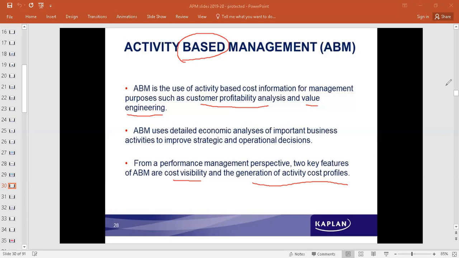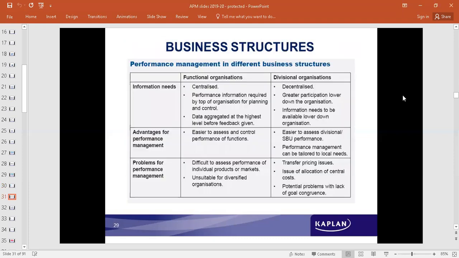Such kind of management is called activity based management. Conceptually, you can be tested. Maybe you are asked to explain what is activity based management. 3 to 4 marks can be allotted for any concept which is asked as a direct question. So 3 to 4 marks can be expected.